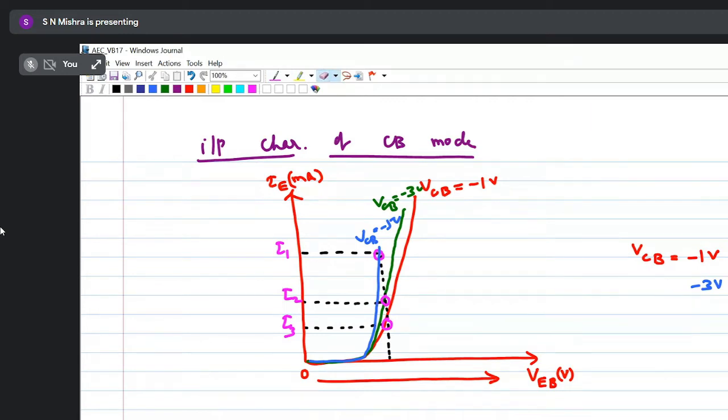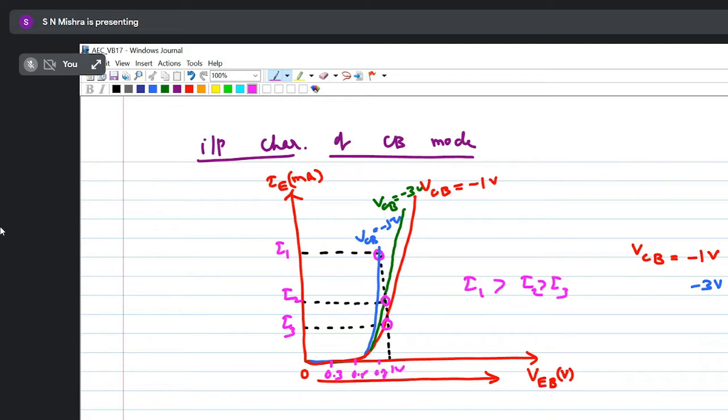Now I1 is greater than I2, greater than I3 for a particular VEB. Suppose VEB, let us take this is 0, 0.3, 0.5, 0.7.